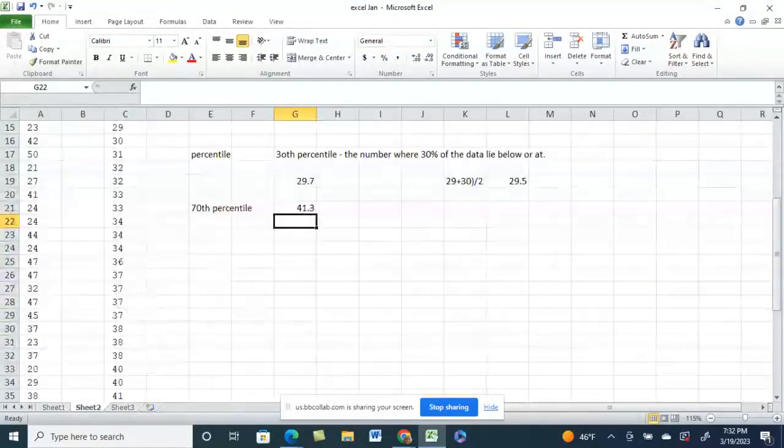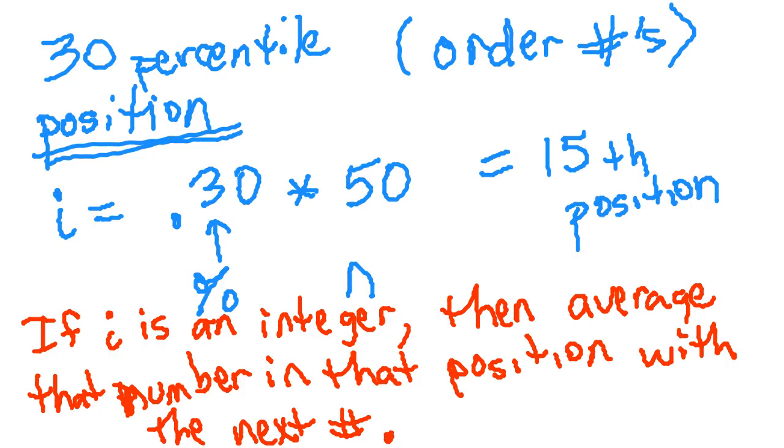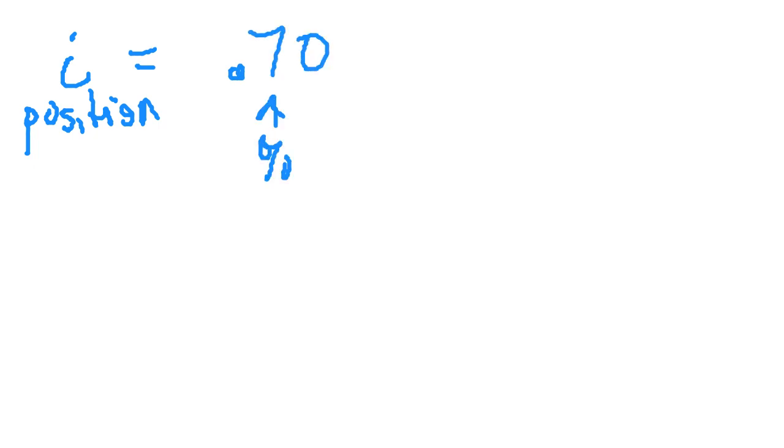Now, if we did it longhand, okay, longhand again would be you take your position, i is position, you take your percentile, you take 70%, and then multiply it by n, which is 50, and we get 35.